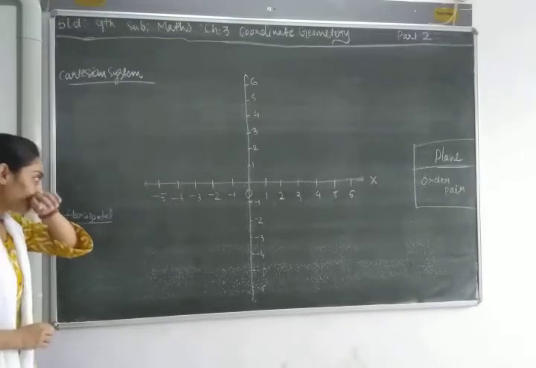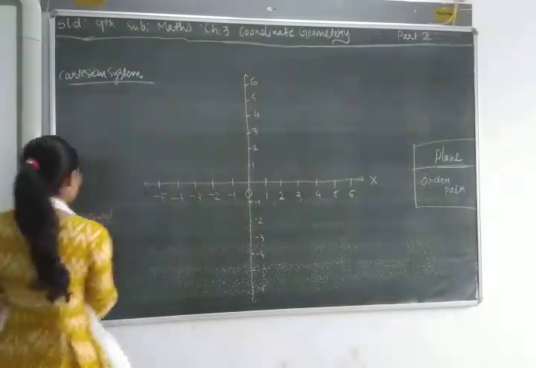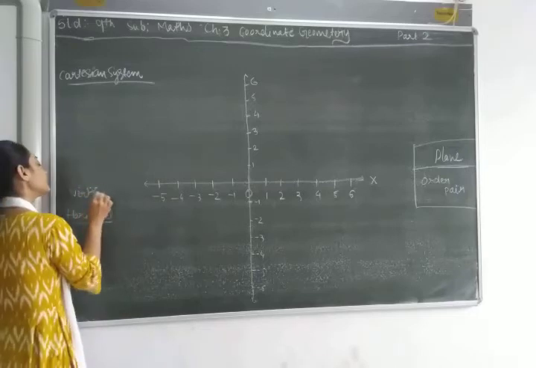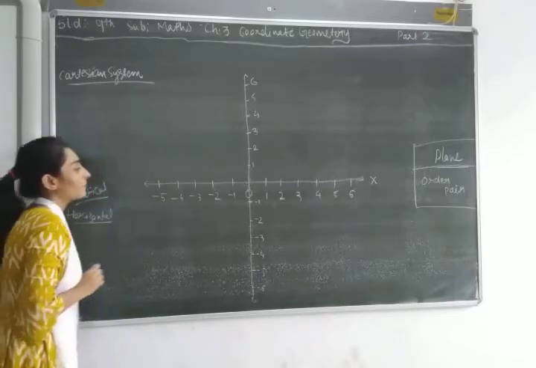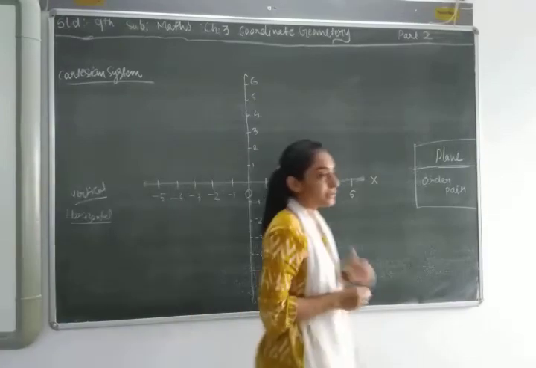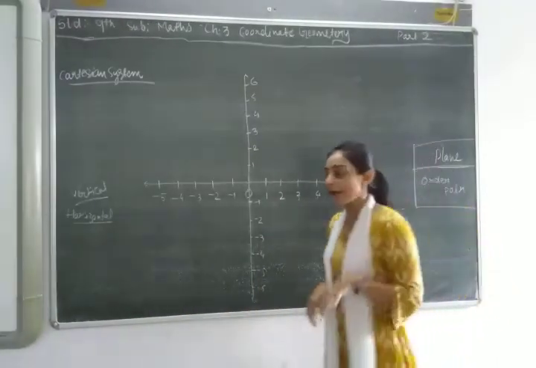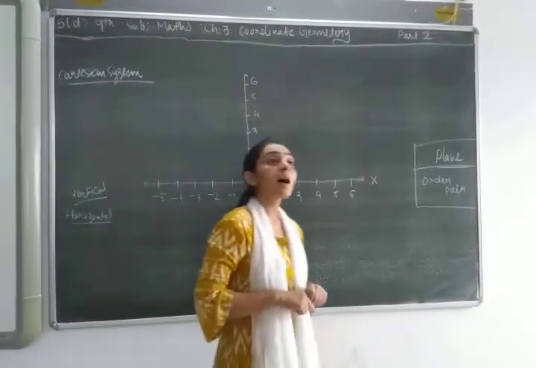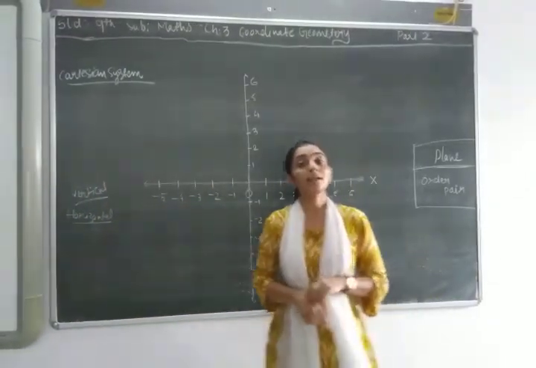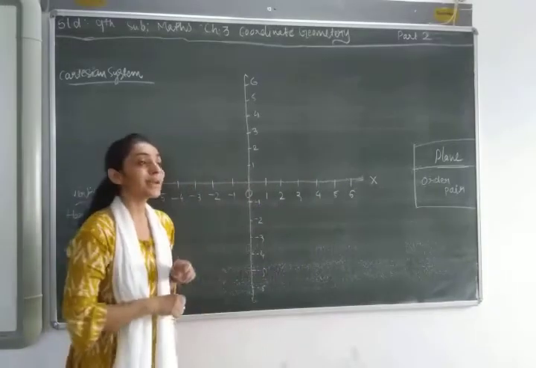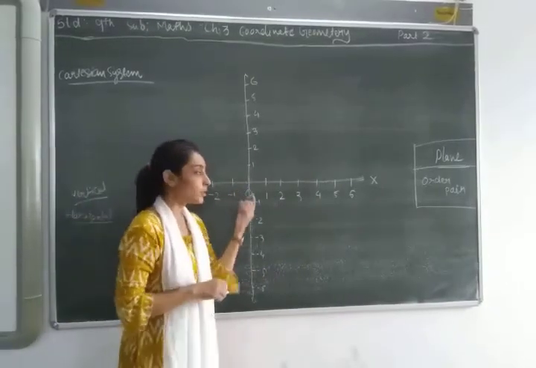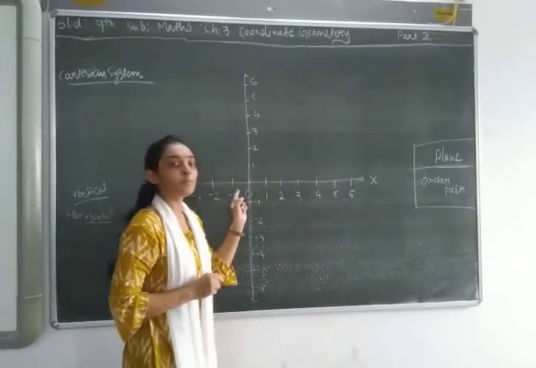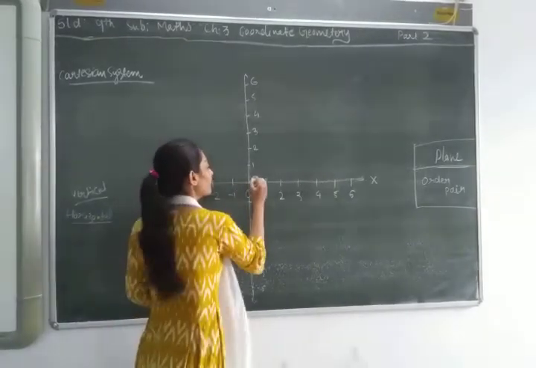Now, this one is the horizontal one and this one is the vertical one. Where this horizontal line and the vertical line intersect each other, that is our origin. Where both lines intersect, it is point 0. What is the x-axis point over here? 0.